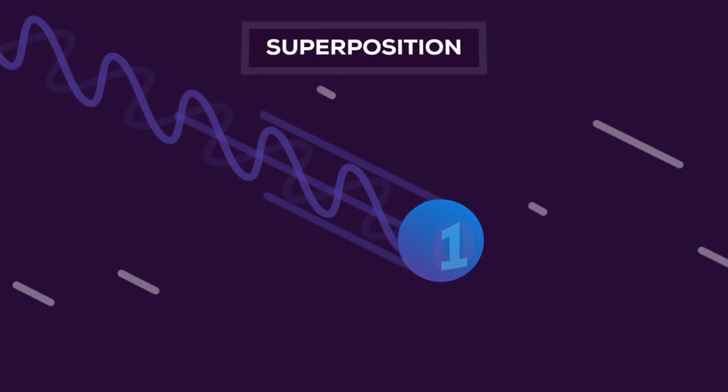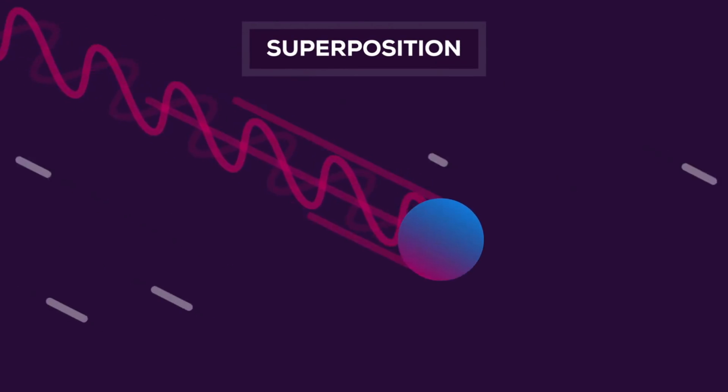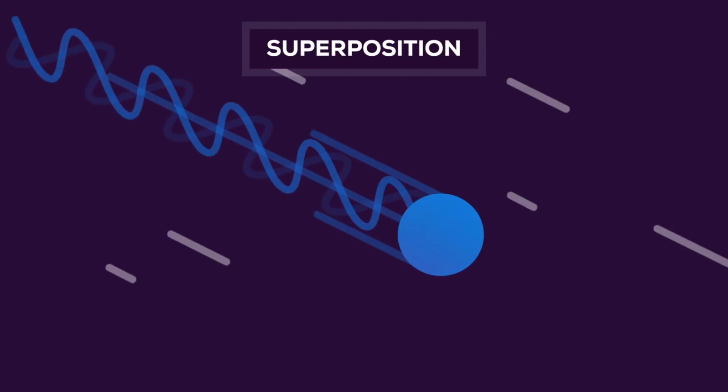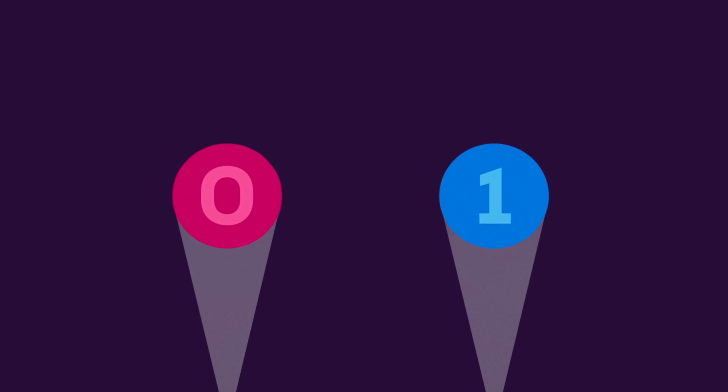This is called superposition. But as soon as you test its value, say by sending the photon through a filter, it has to decide to be either vertically or horizontally polarized. So as long as it's unobserved, the qubit is in a superposition of probabilities for 0 and 1, and you can't predict which it will be. But the instant you measure it, it collapses into one of the definite states.